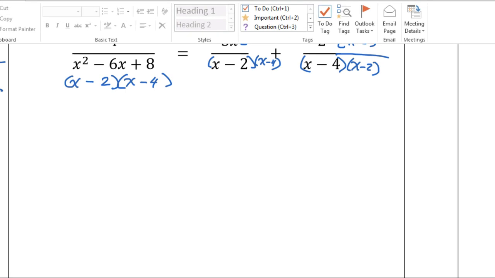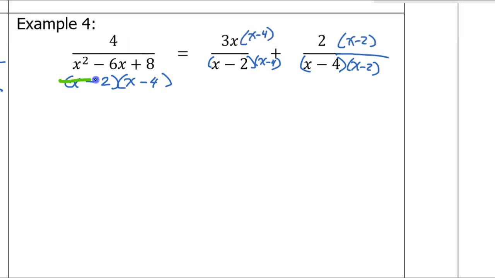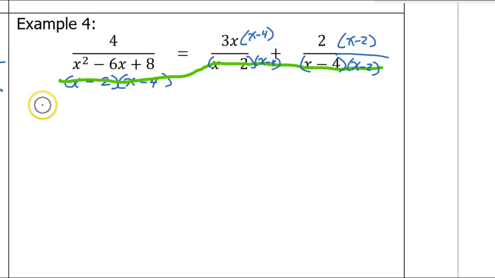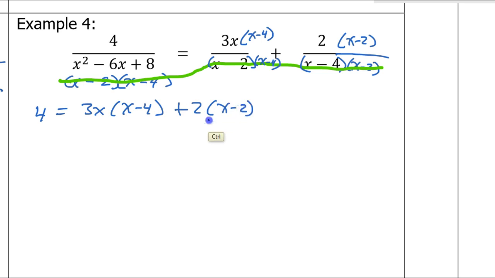Once I have those like denominators, I can cross them out. Okay, so that's going to give me 4 is equal to 3x times x minus 4 plus 2 times x minus 2.